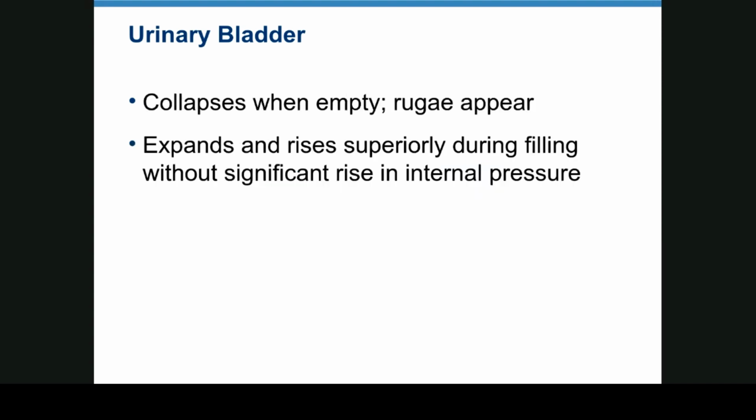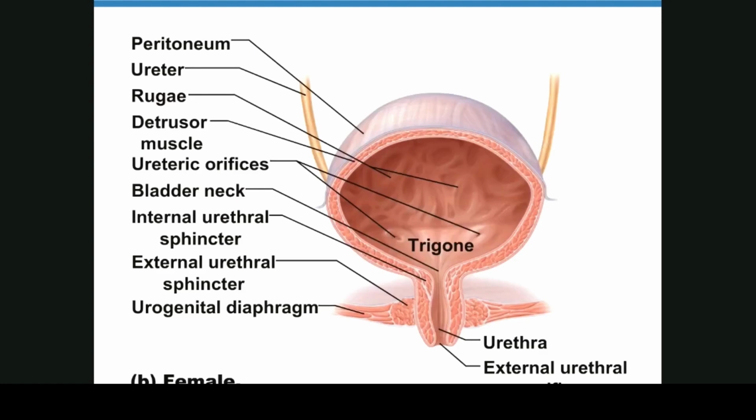Urinary bladder collapses when empty and forms rugae or ridges, and it expands and rises superiorly during filling without significant rise in internal pressure to a point. Okay, here we have peritoneum here, and then just adventitia down here. This is a ureter. Here's where your ureter comes in.